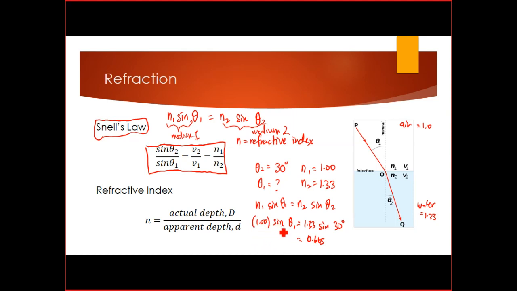This is 1 times sine theta, so sine theta equals 0.665. Theta 1 is equal to the inverse sine of 0.665. I get 41.68 degrees. So if this is 30 degrees, the initial angle is 41.68 degrees.